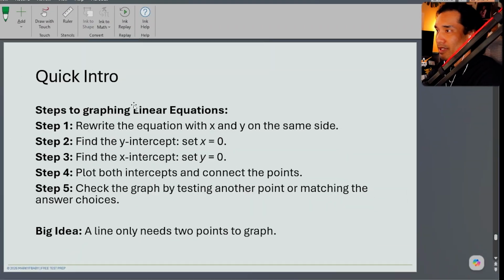Okay, steps to graphing linear equations. Step 1, rewrite the equation with x and y on the same side. I used to teach it as y equals mx plus b, but now I like it this way that I am about to teach you. Step 2, find the y-intercept, where we set x to 0.